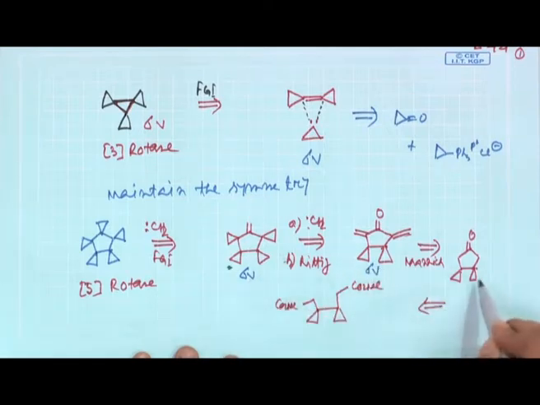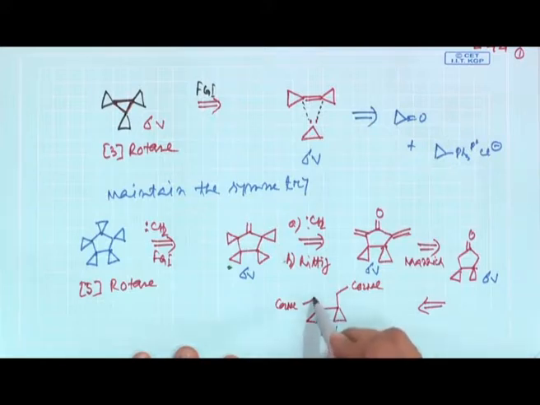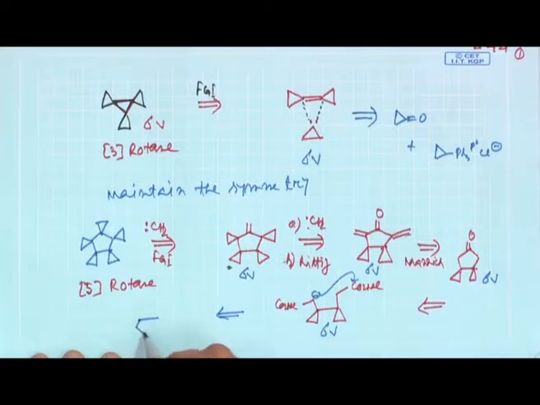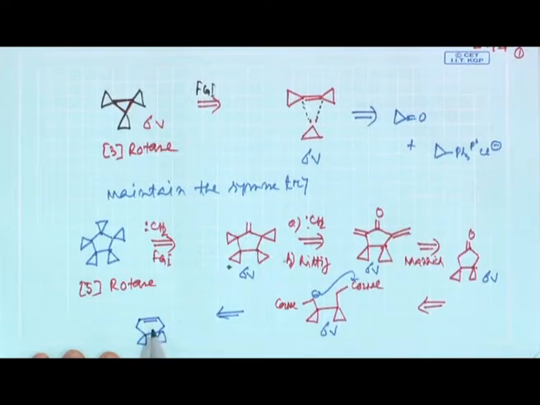Now, you analyze this carbon to react here, which will give you the Dieckmann product, and then finally this particular precursor was coming from this cyclopropane containing cyclohexene by an ozonolysis related FGI.